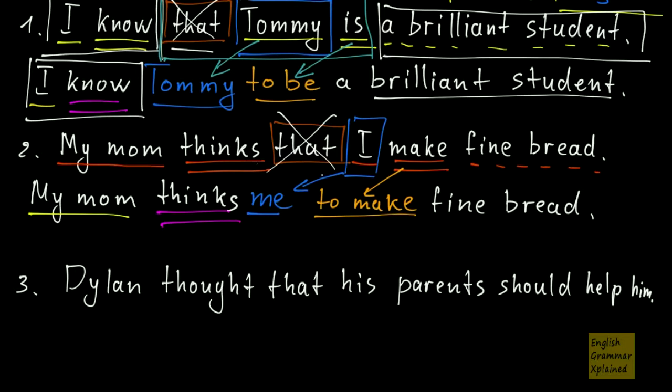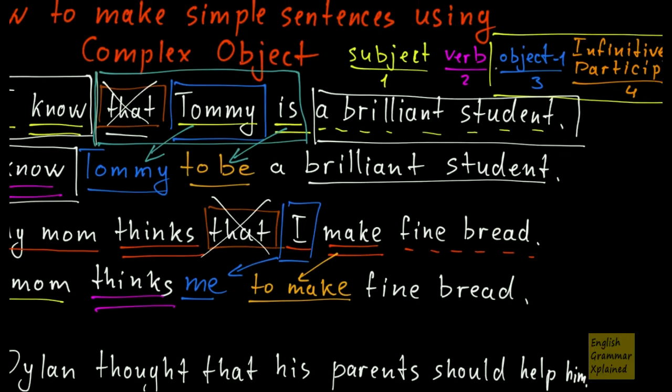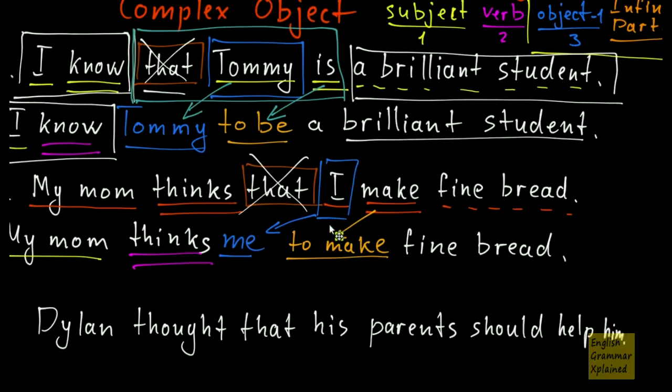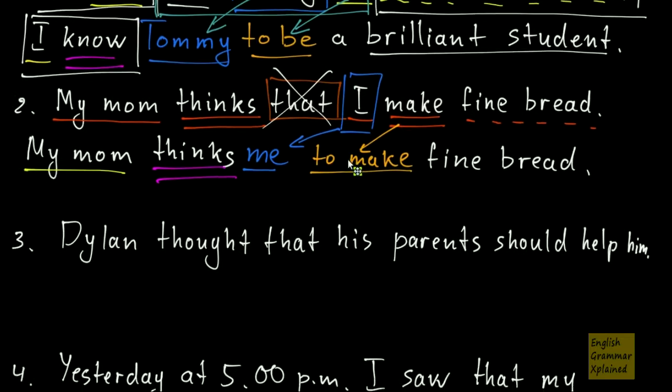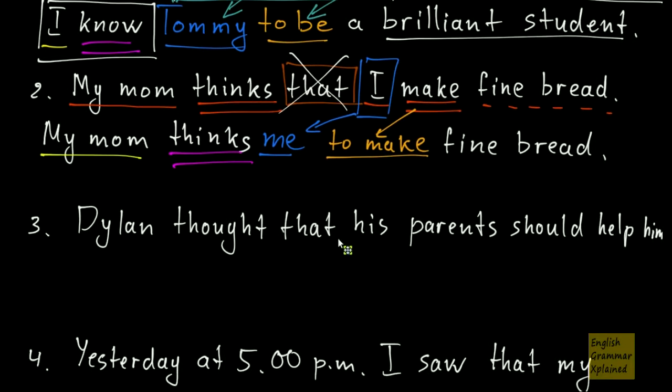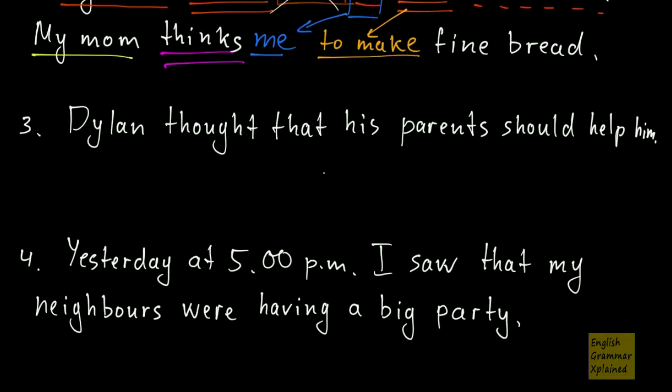Then I drop out that, then I take my object number 1 from the subject of my second part of the sentence, and then I take my infinitive or participle from the main verb of my second part of the sentence, and that's it. Let's try another one.